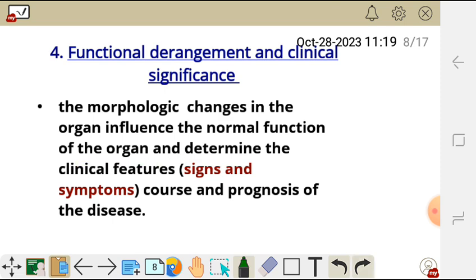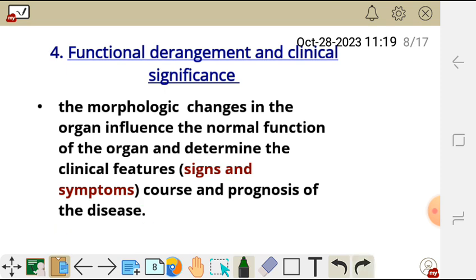So from the morphological changes, we have alterations in the cells and tissues. Now those alterations will bring about what we call clinical features, which are the signs and symptoms of a disease. Okay, and then from there, clinical features also have a course and prognosis of the disease.